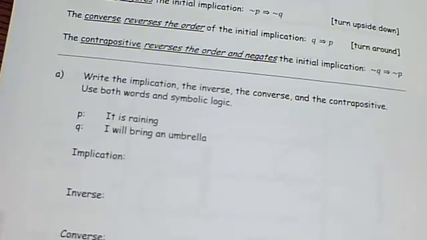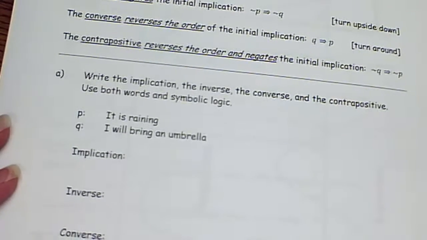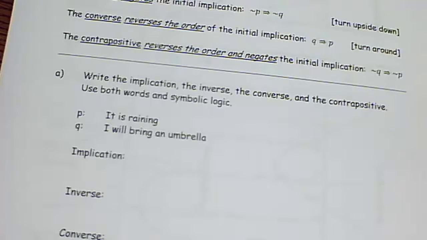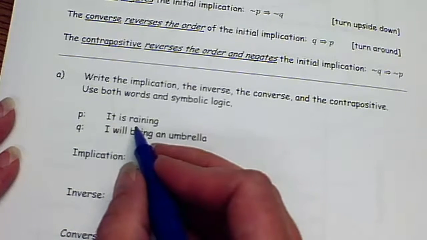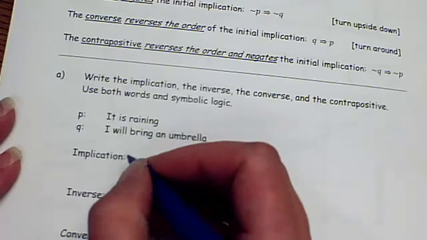Okay, so let's start with this one. We have, it is raining, I will bring an umbrella. So the original implication: if it is raining, then I will bring an umbrella.